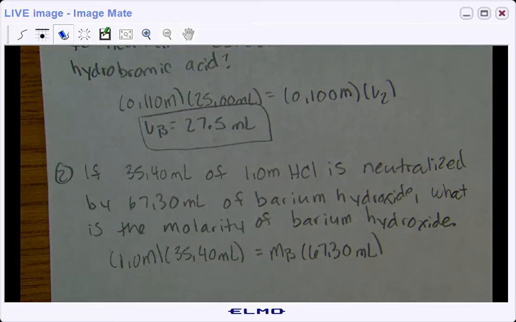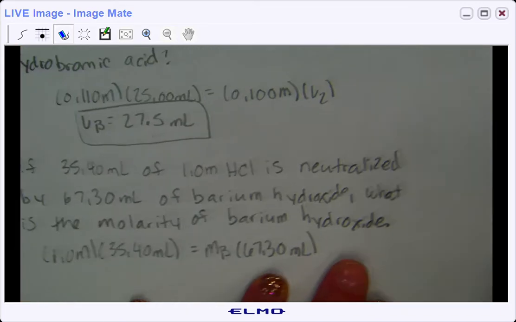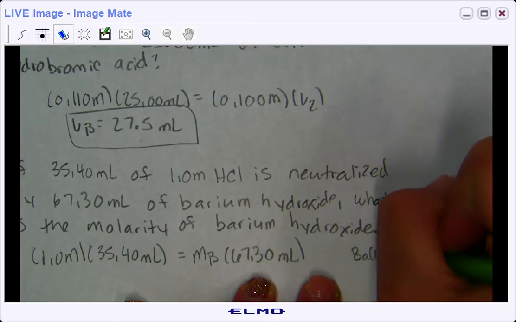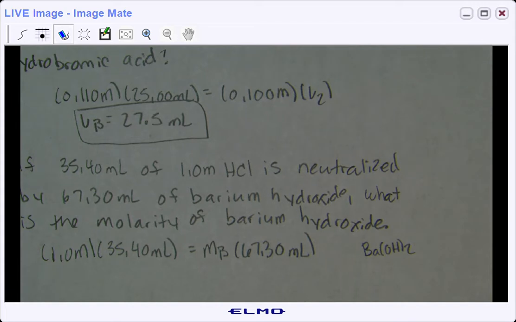All right. And now we have to be really careful here because we have been provided barium hydroxide. So barium hydroxide has a formula of Ba(OH)2.